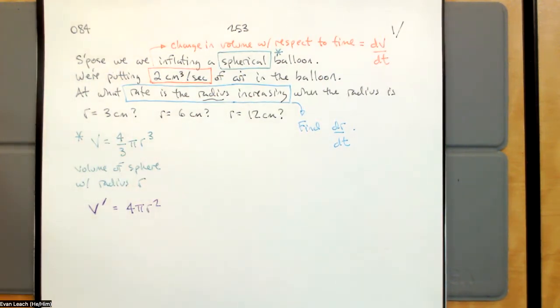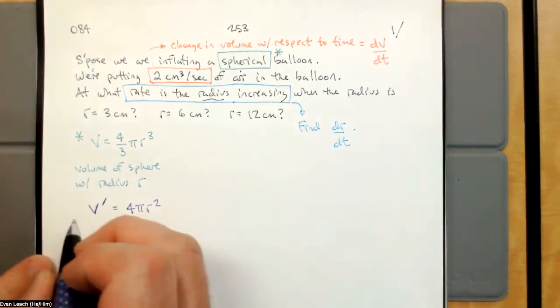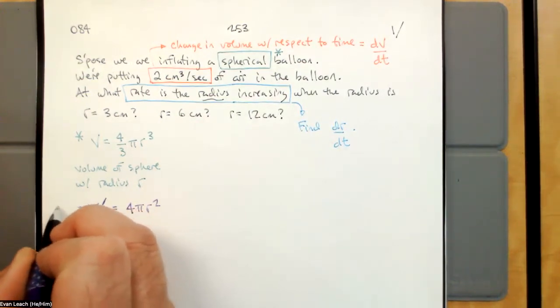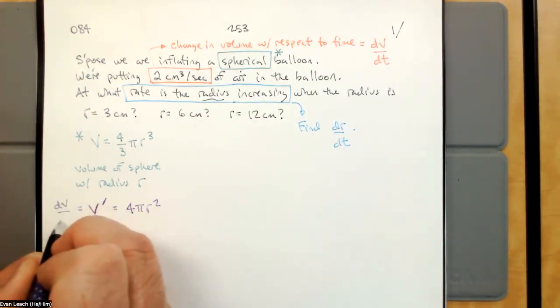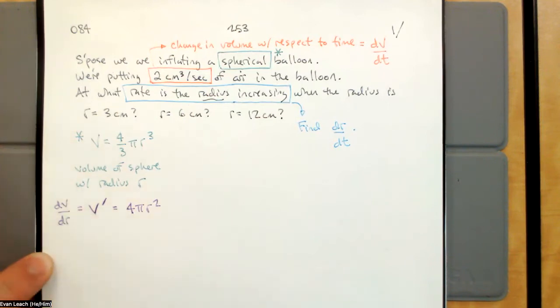We want to say this is the derivative of V, but we use r as the variable, so it's dV/dr. Now we can use the chain rule.